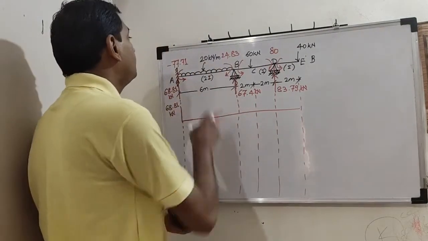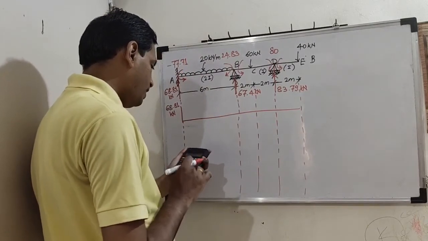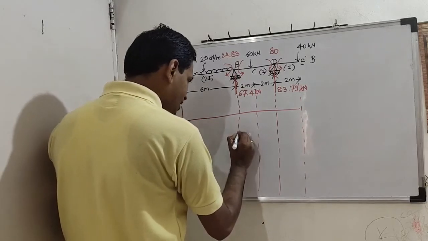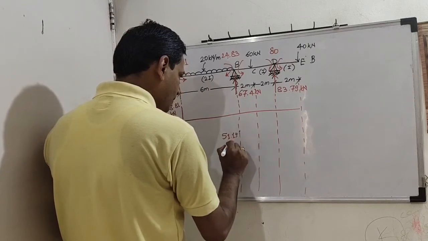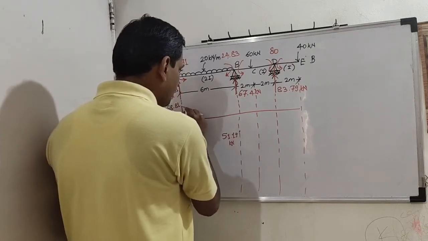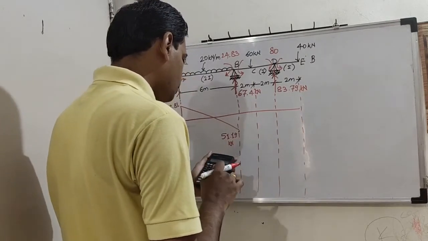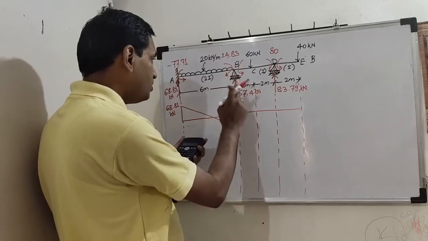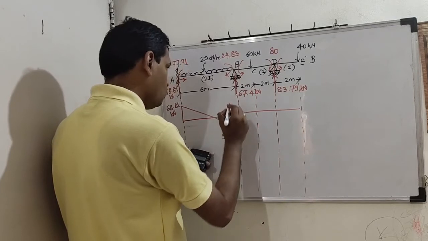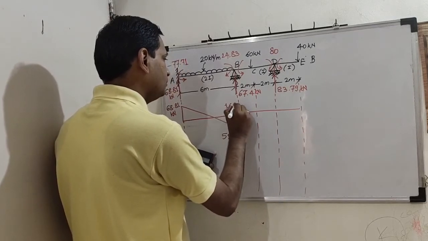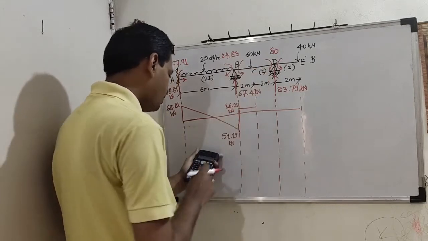Then minus 20 into 6. So 68.81 minus 120. So 51.19 with minus sign. So somewhere here, kilonewton. And this adds 67.4. So minus 51.19 plus 67.4. It will give us 16.21 kilonewton. It will be same up to the 60 kilonewton point load.